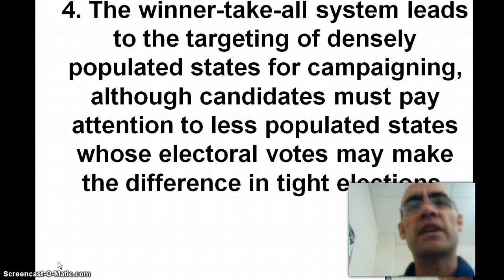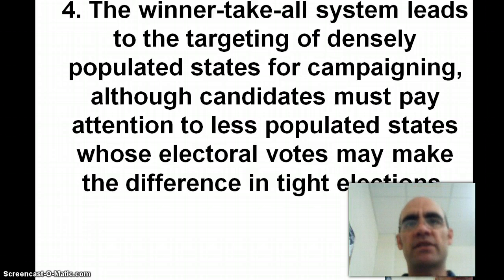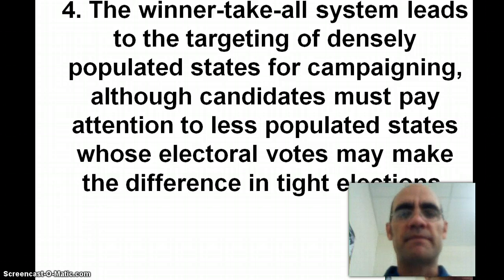Now, what happens a lot of times because of this is that candidates target densely populated states because they have more Electoral College votes. It doesn't mean they can ignore smaller states. But the other thing is a lot of states, like California, generally have voted for Democrats ever since Reagan left office.